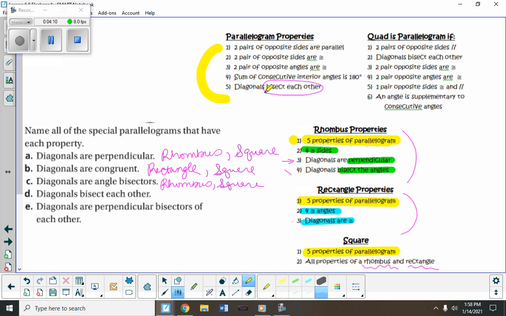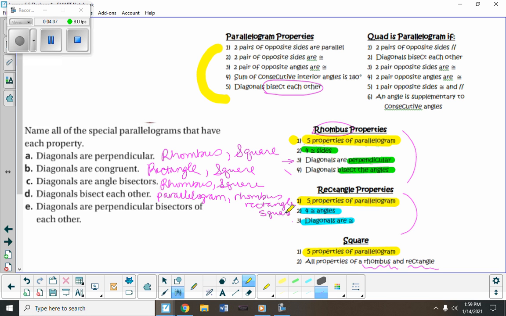That's a parallelogram. Now, if it's true for a parallelogram, well, here's the deal. A rhombus is a parallelogram, so it's true for that. A rectangle is a parallelogram, and so is a square. So it's true for all of these, that the diagonals bisect each other.